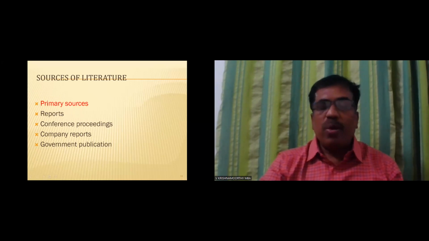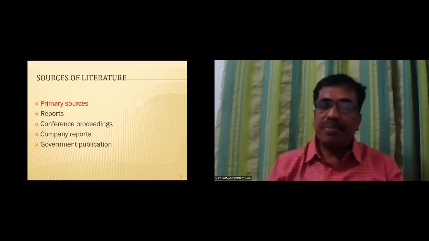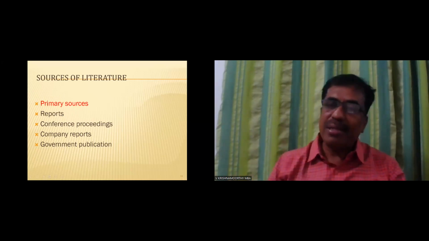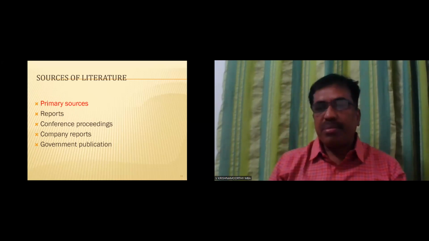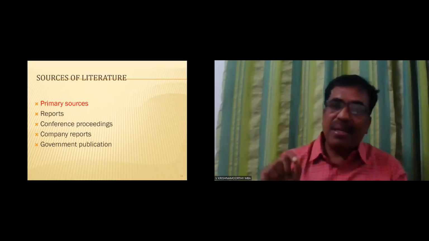Let's take, you can collect some review of literature from a book or journal, book or article. Normally, let's take a book. A book should have an ISBN number. If it is a journal, the journal should have an ISSN number.